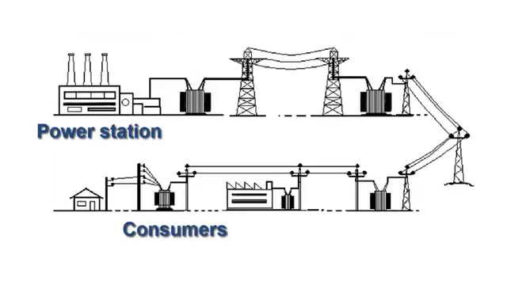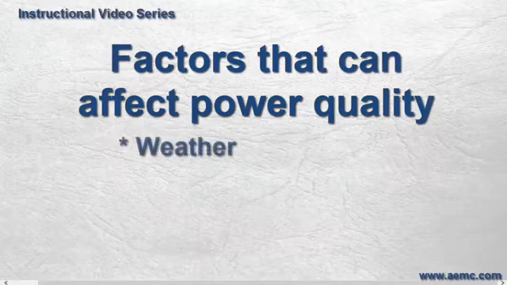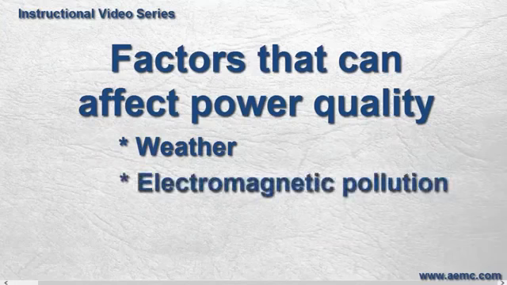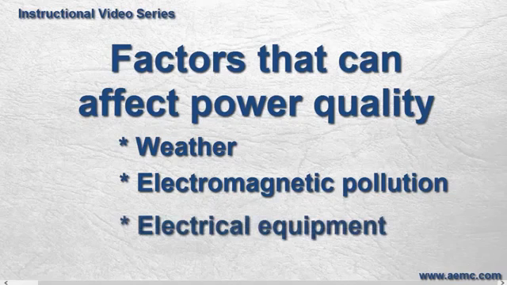Although the electricity produced by the energy plant may be of high quality, factors such as lightning and other weather phenomena, various forms of electromagnetic pollution and disturbances, and other influences can introduce degradations such as supply interruptions and voltage dips. In addition, electrical equipment operated by you or by other customers on the network can introduce additional electrical disturbances such as harmonic distortion, voltage fluctuations, and so on.